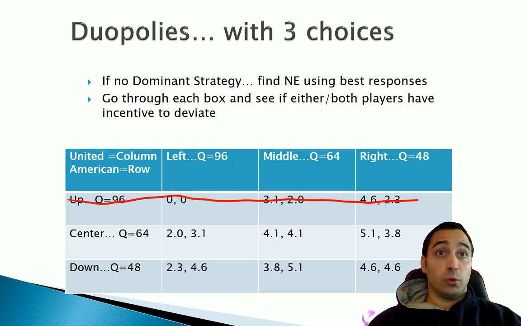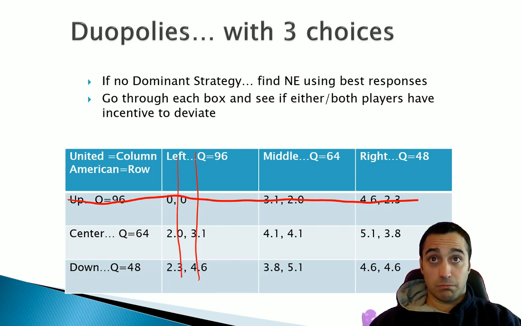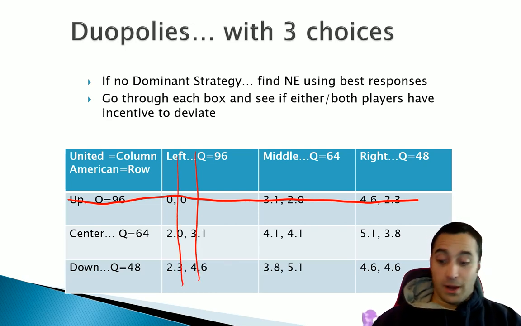How about for player 2? If we've deleted up, player 2 might notice that playing left is strictly worse than playing middle. 3-1 worse than 4-1, 4-6 worse than 5-1. So we can also just delete left. And then we're stuck with this 2x2 game.